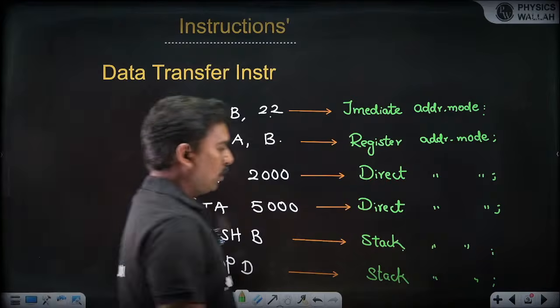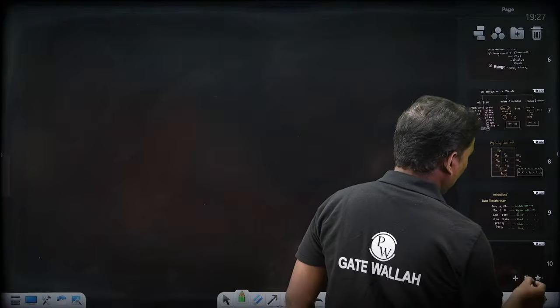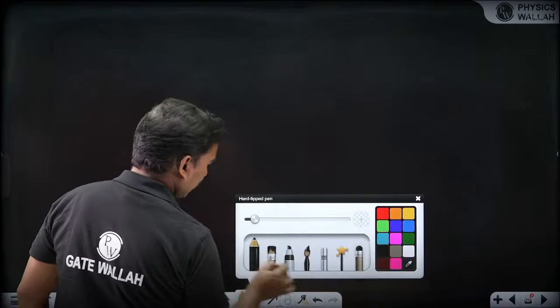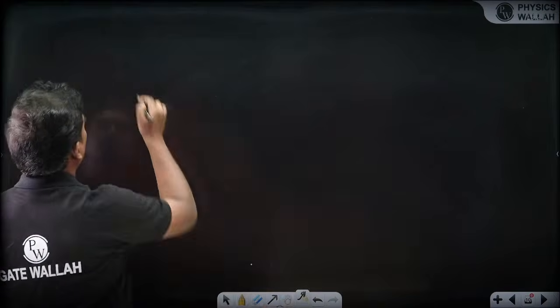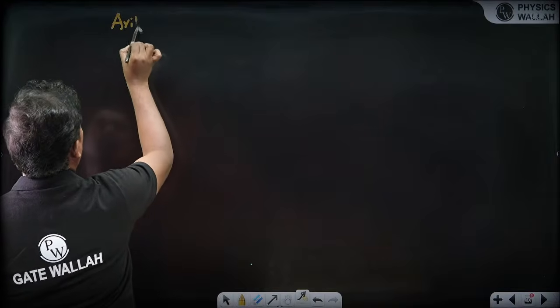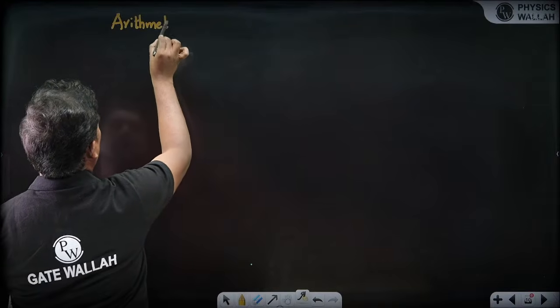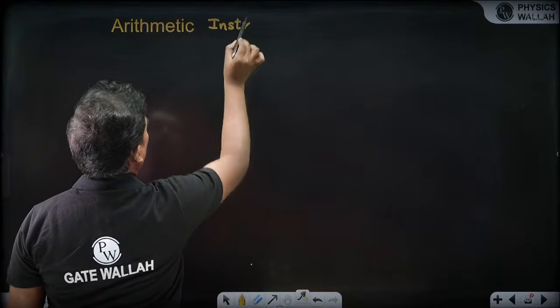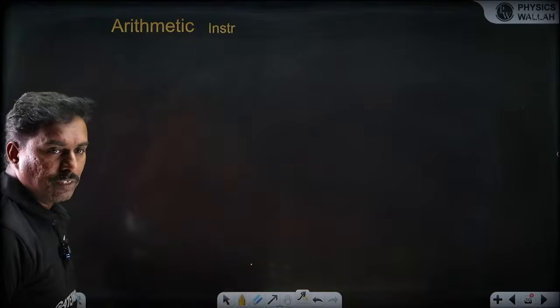Okay, so the next classification of instructions on the 8085 is arithmetic instructions. Interestingly, 8085 is having only some set of arithmetic instructions. It is not having multiplication and division.